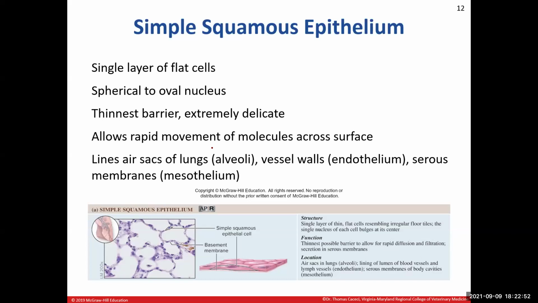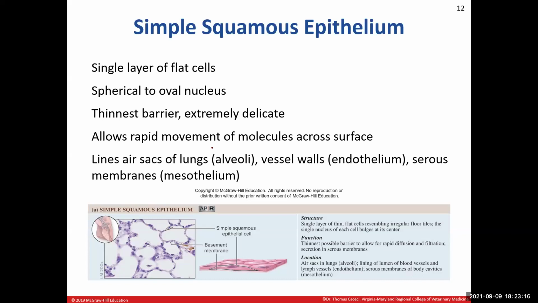And it's good because we want to have a thin barrier when we need certain functions like filtration. A perfect example is when we're trying to get oxygen and carbon dioxide to move across from the blood into the air sacs in your lungs, the alveoli, and vice versa.